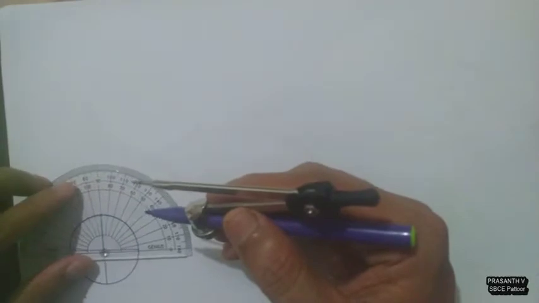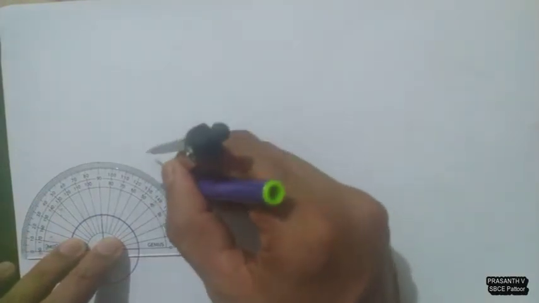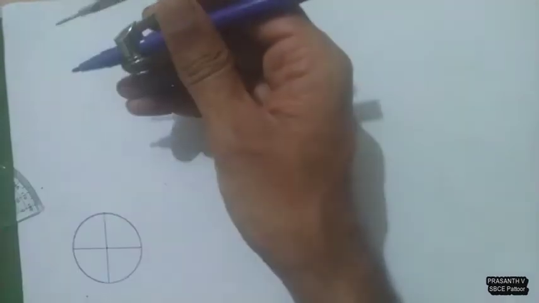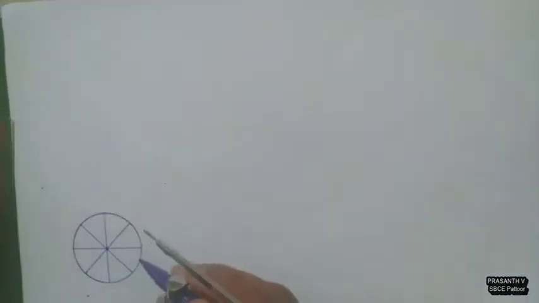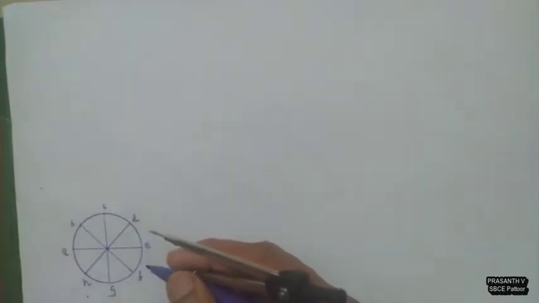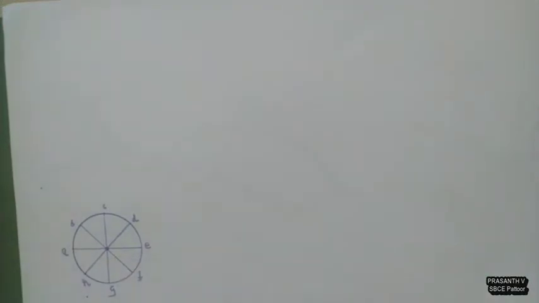Place your protractor here, 45 degrees. Now we name these A, B, C, D, E, F, G, H. Here you only need to put the names on the top face points, not on the bottom face.